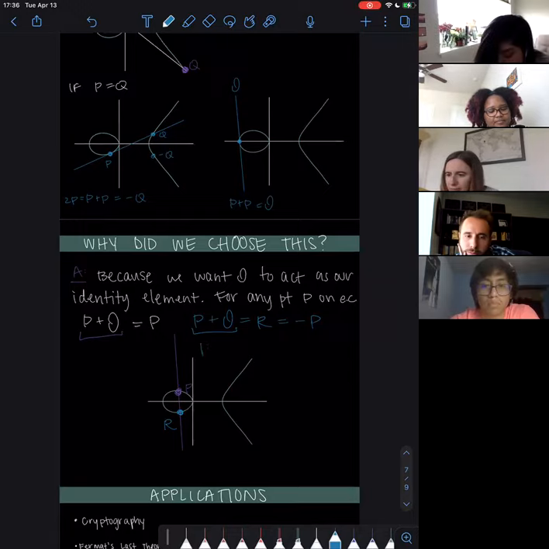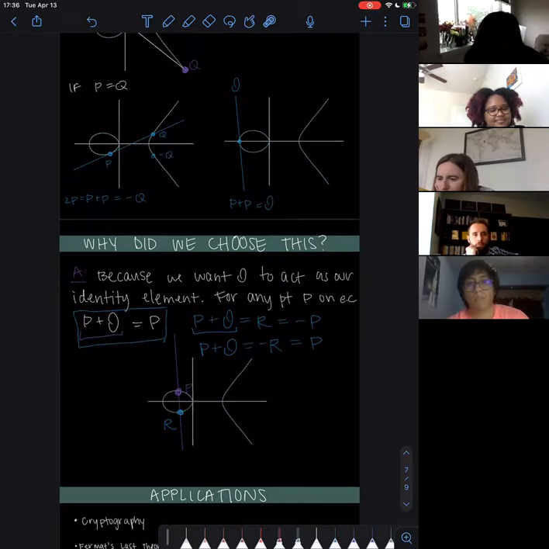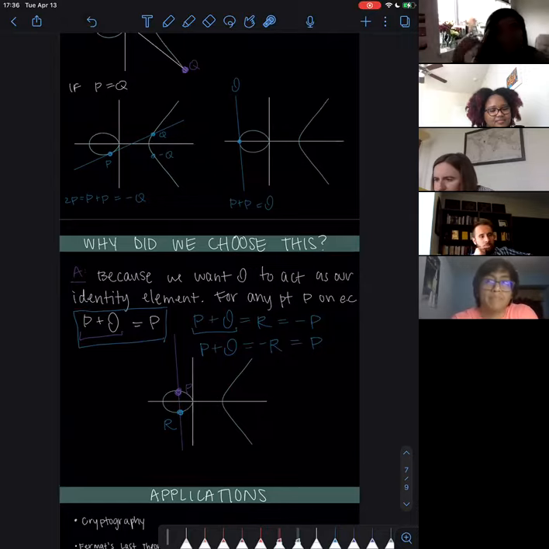So instead, we want to think about adding these two points by looking at the inverse of the third point that the line intersects. So we want this to be negative R, which is equal to P, which is exactly what we wanted it to be here. So this is one of the reasons why we picked the negative point that runs through that line, because we want the point at infinity to actually work as our identity element.